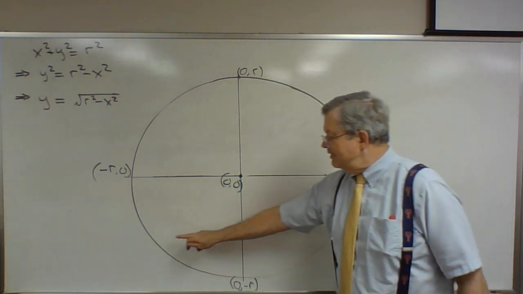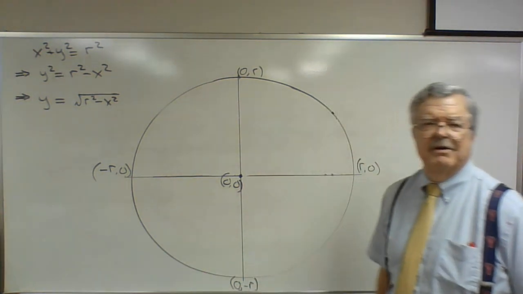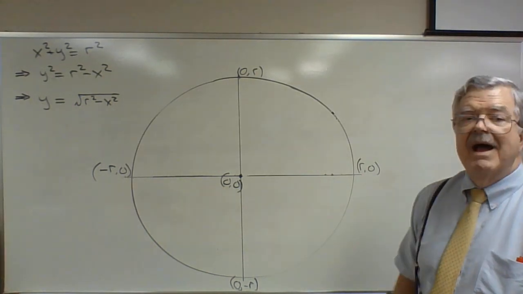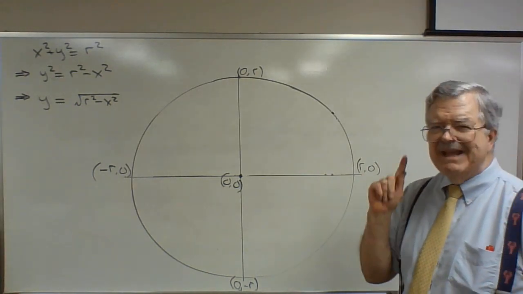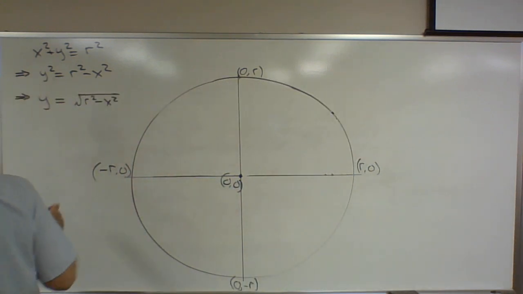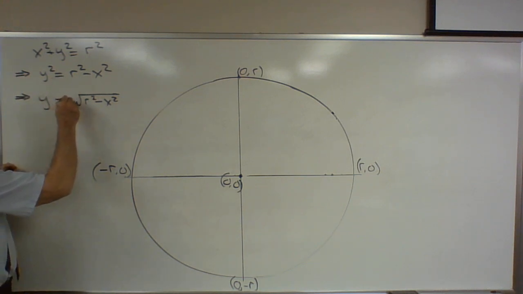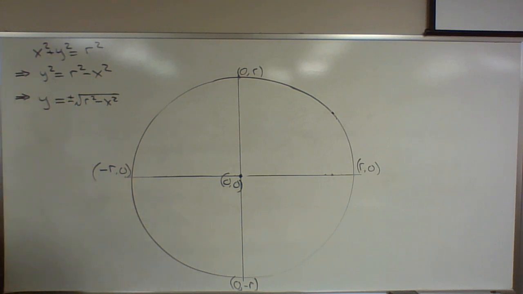Suppose I wanted to deal with points on the lower half of this circle. Then I want y equals negative the square root of r squared minus x squared. So first of all, correctly, when I took the square root of both sides, I should have done this, and now that's really correct. This thing is exactly the same as that thing.